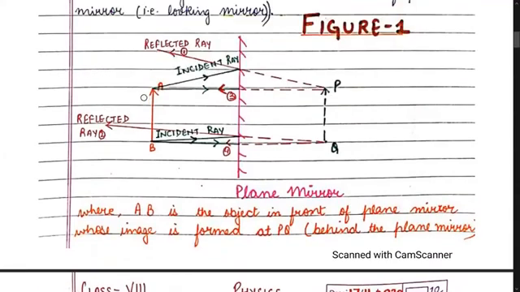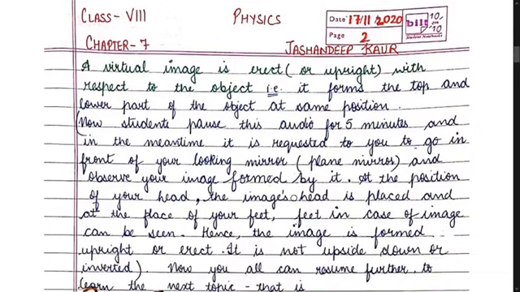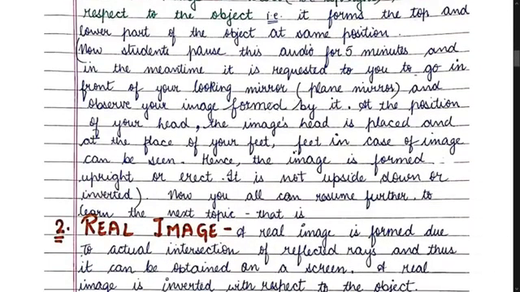Students, see point A in figure 1. If it is the head of the object, the image is also forming the head at the same point. So that means the object is erect and the image formed is also erect as compared to the object.